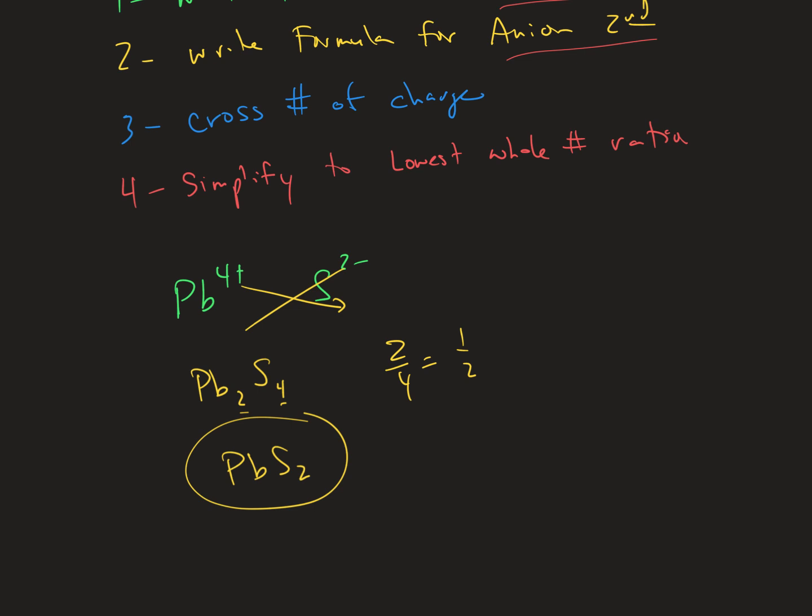Okay, so just like in this right here, the charge is always superscript, always superscript. And these numbers right here tell us how many of each atom. Those are always subscript. So the charge is not at the bottom. I see. So it's the charge versus the number. We cross the charge. That charge just tells us how many of those that I need.